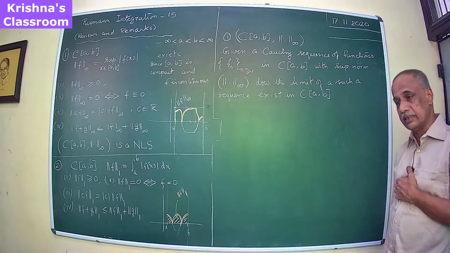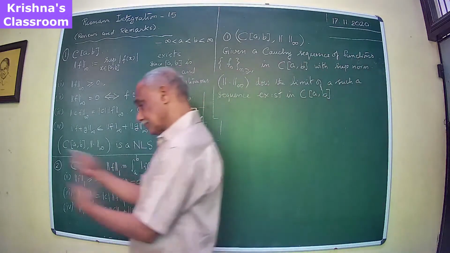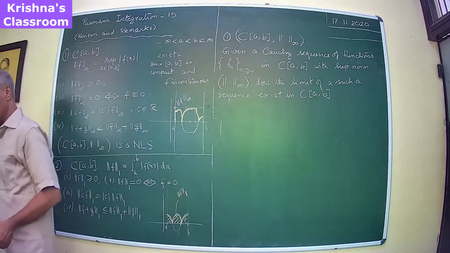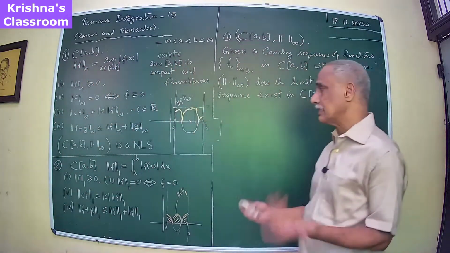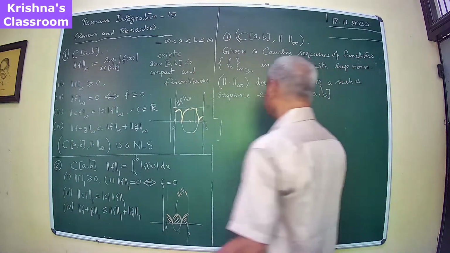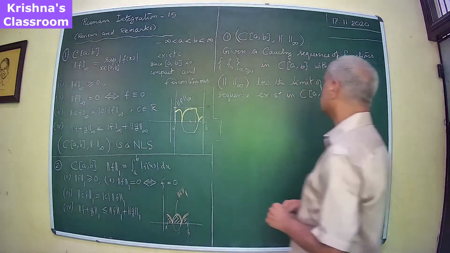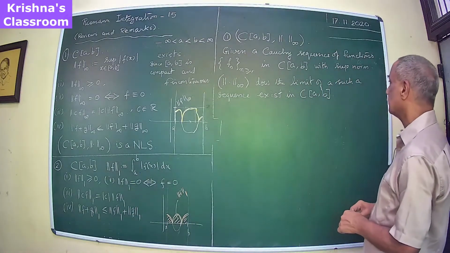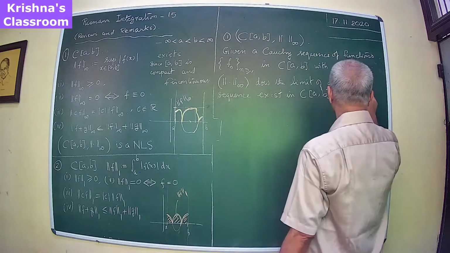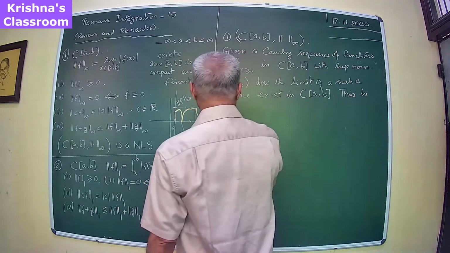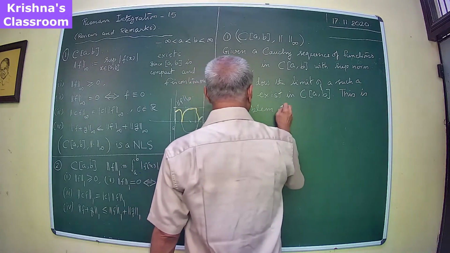That means, can you say that all Cauchy sequences in the space converge to something in the space itself? Or is the space complete? This is the problem of completeness.